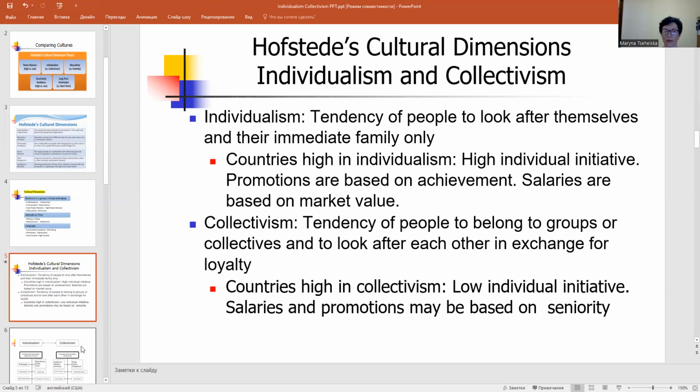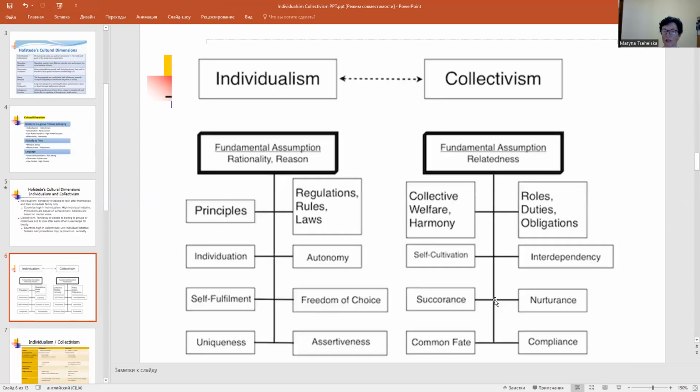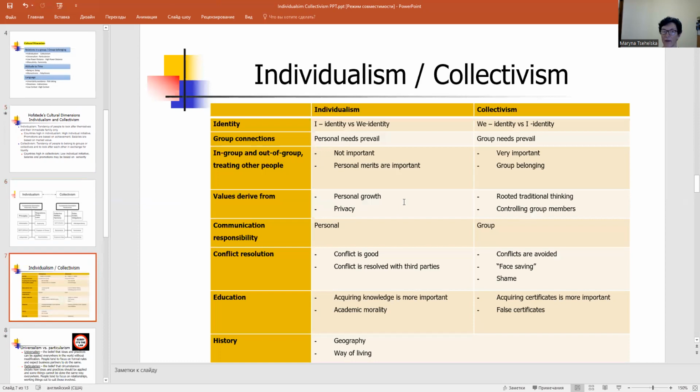So usually we talk about different countries that may be high in individualism or high in collectivism. But today here we will also talk about the main principles.